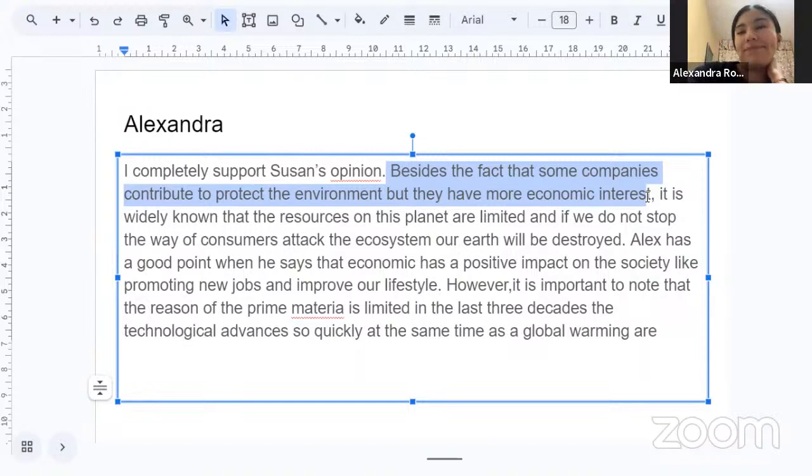Okay. So this is supposed to be a summary of Susan's main point. So Susan's main point was that the planet Earth is the only place we have to live in, so it's an emergency to take care of it.